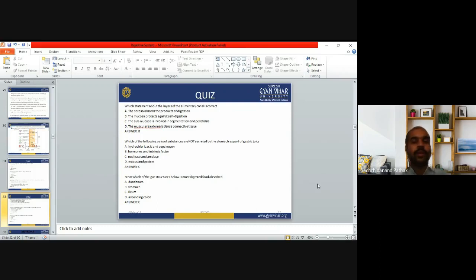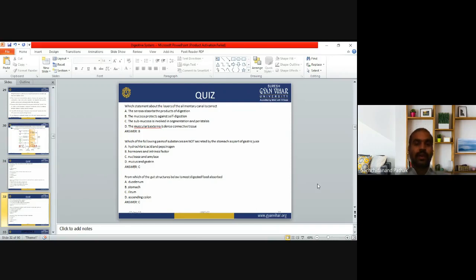Next question. Which of the following pairs of substances are not secreted by the stomach as a part of the gastric juice? Four pairs of gastric secretions are listed. So which pair is not secreted by the stomach as a part of the gastric juice?